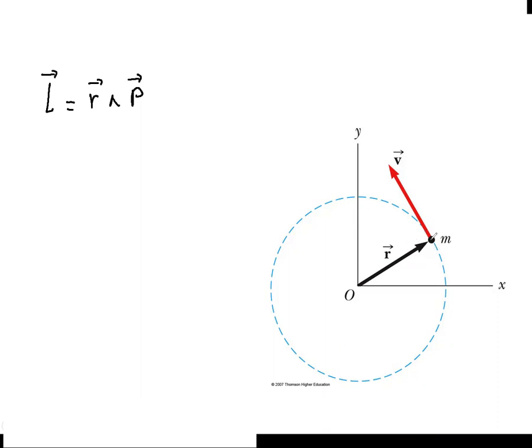Here we have a mass M. We have a rotational motion about the axis at a point O. This object has a mass M and a velocity v. So in this case, we can say the linear momentum p is equal to M times v. p takes the same direction of v. Here we have p.